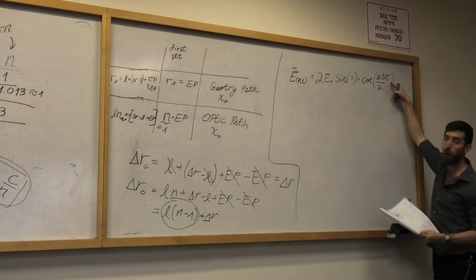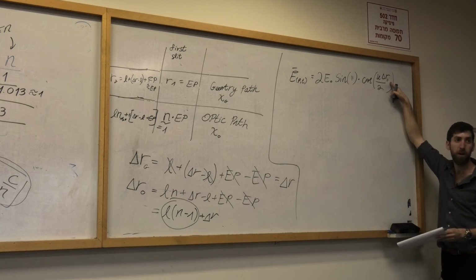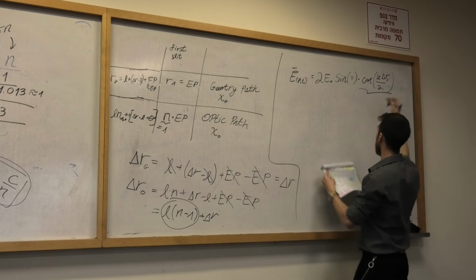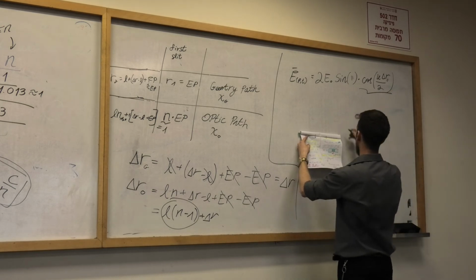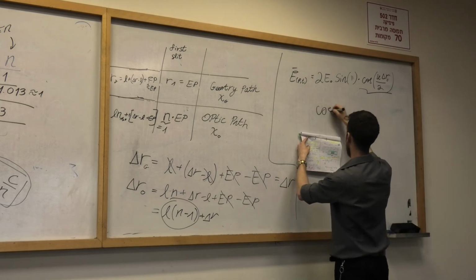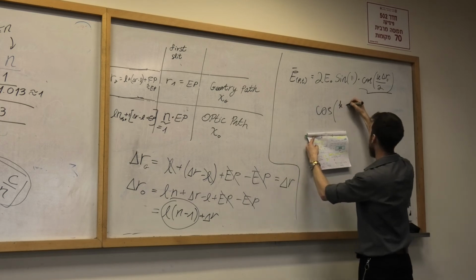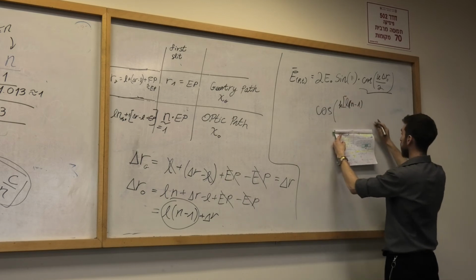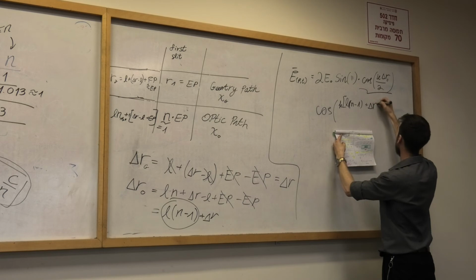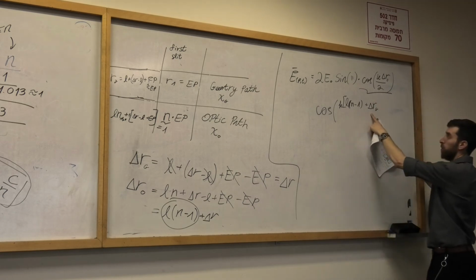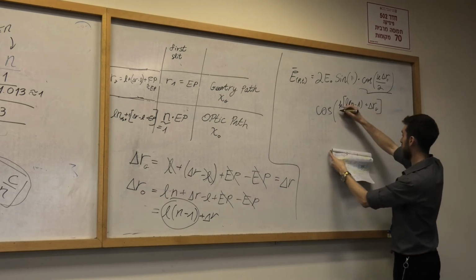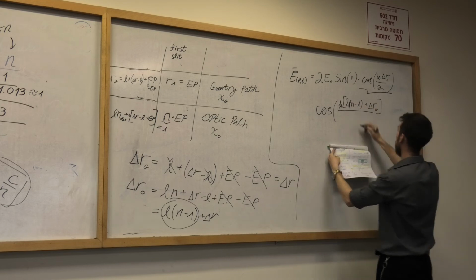We should put the optic path here, because light cares only about the optic path. So this term changes to the cosine of K times L(n minus 1) plus delta R geometric, the original one, divided by 2.